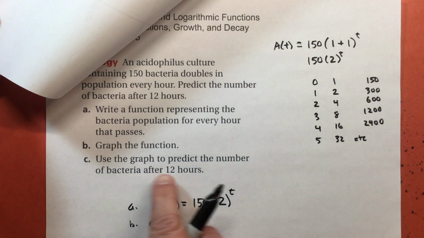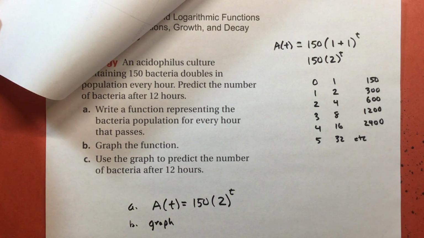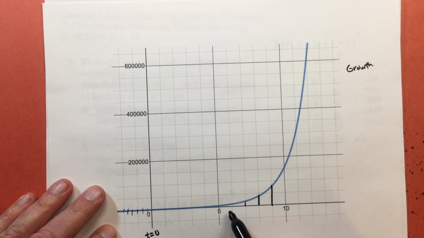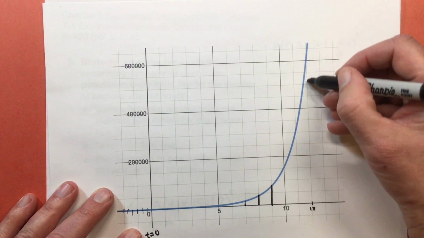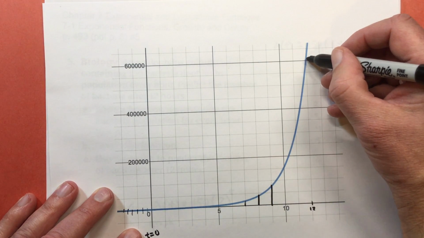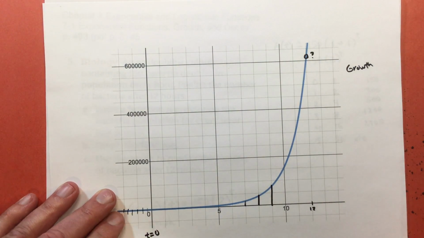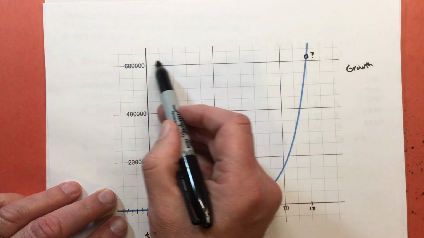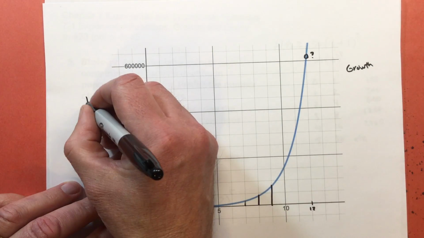The question says, use the graph to predict the number of bacteria after 12 hours. We're going to interpret that as the number of bacteria at 12 hours. And of course, it'll be more than that after. So here's 5, 6, 7, 8, 9, 10, 11, 12. This is 12. I'm going to follow my line up, and it's kind of hard to tell, about right here. So for my part C, this is my part B, this is my graph.